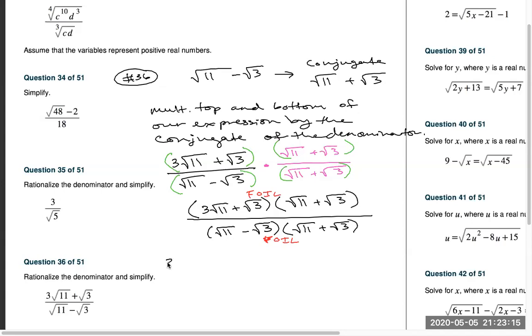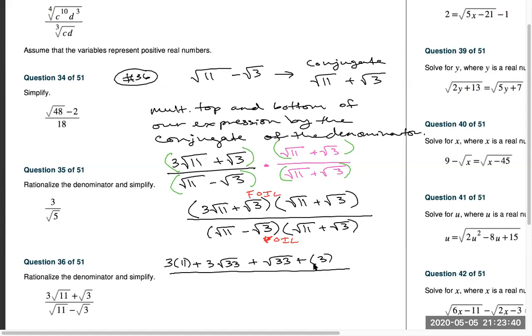That becomes 3 times 11. And then we have 3 root 11 times root 3. That's plus 3 root 33. From here, plus root 33. And from here, plus root 3 times root 3 is positive 3.